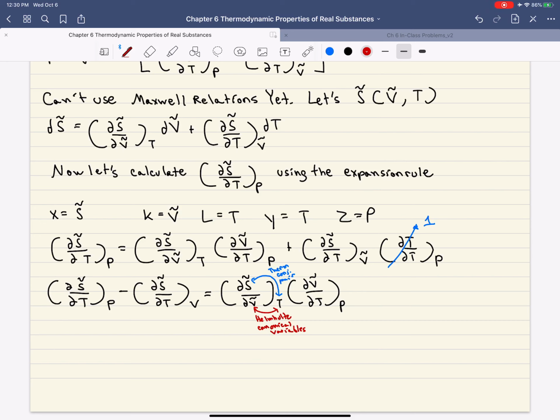And so if we have this format, once again, this tells us that we should take a Maxwell relation in order to redefine this partial derivative into something else.